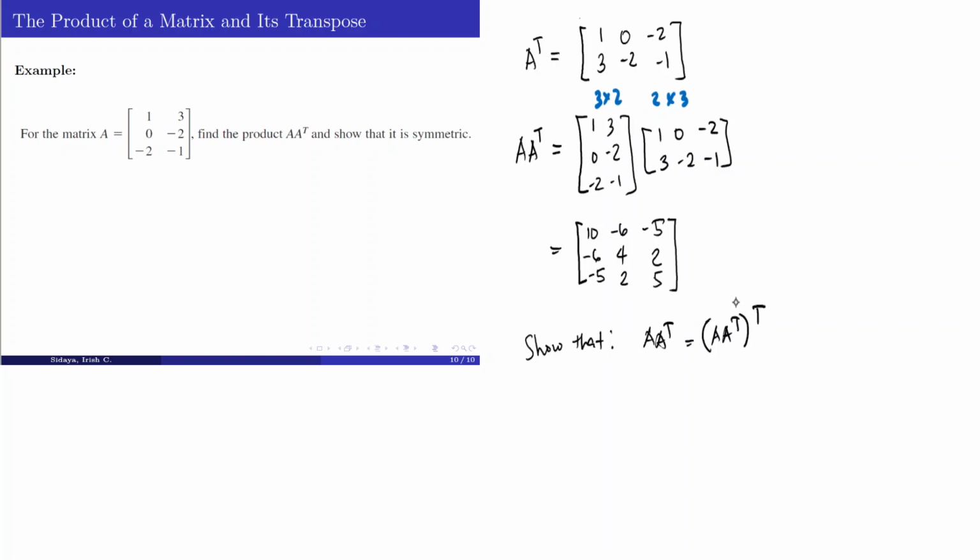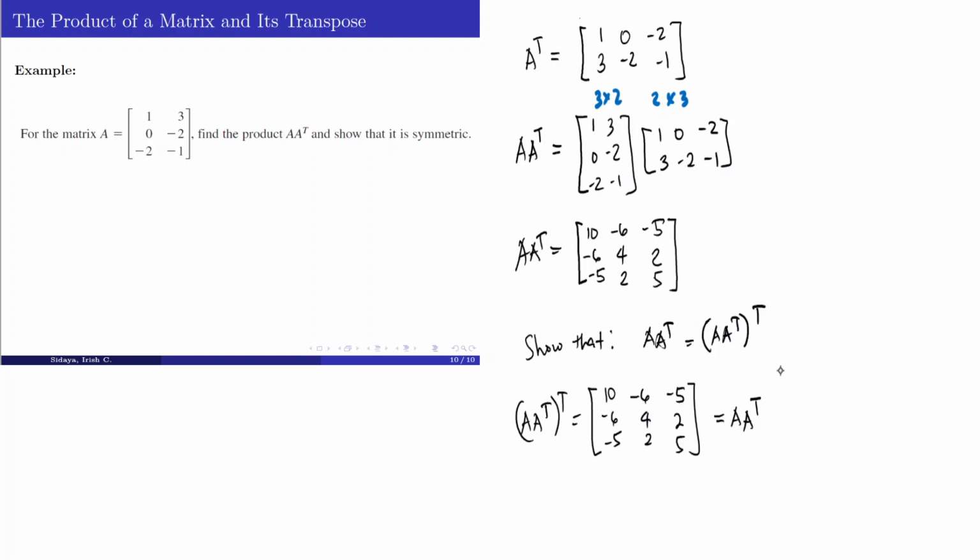This is our matrix, so we get the transpose of this, equal to 10, negative 6, negative 5. So we write this row as a column here. And then we have negative 6, 4, 2, negative 5, 2, 5. Okay, which is exactly the same as the original matrix.